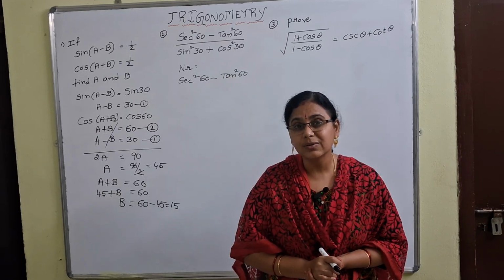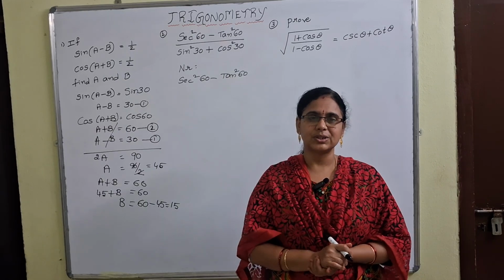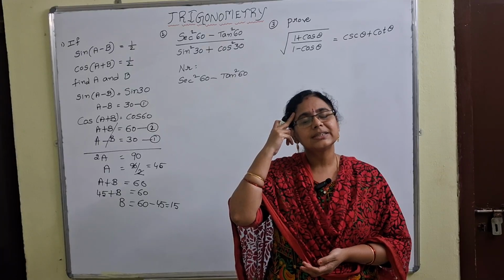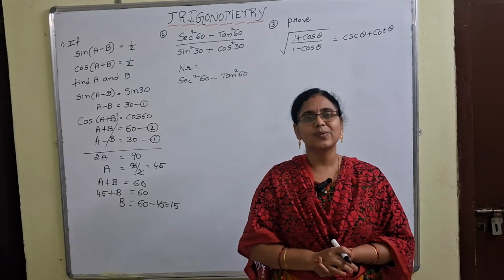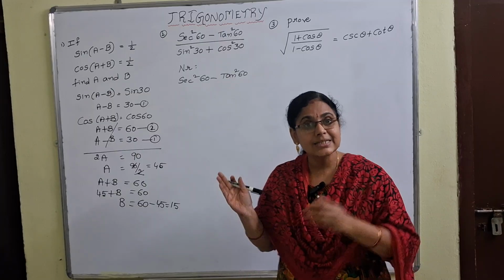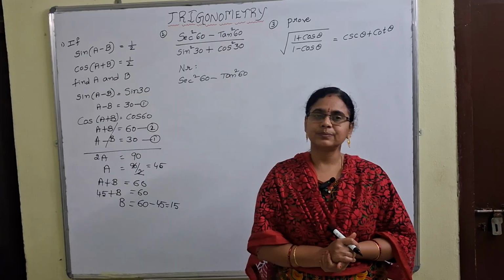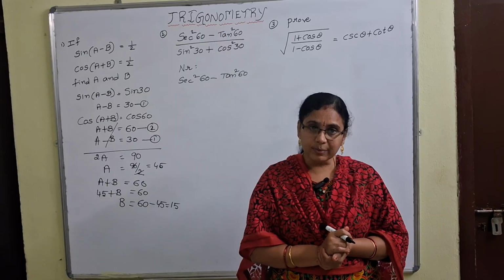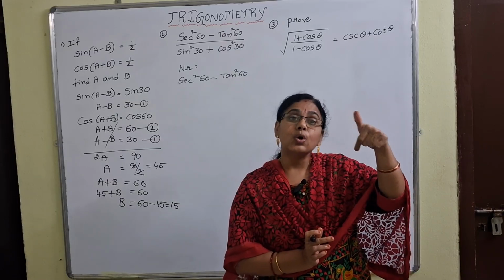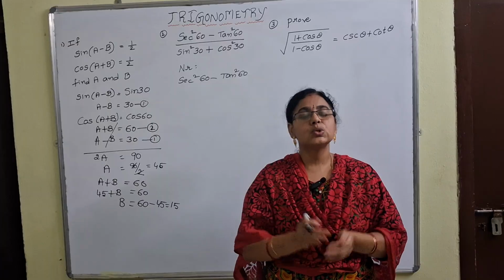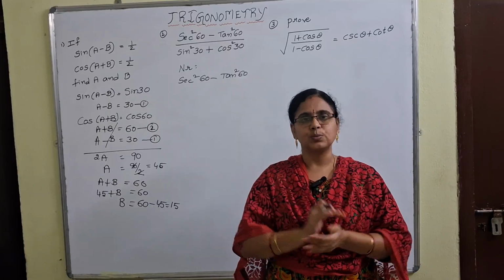So first what do you require? Cos 60, how much? Cos 60 is 1 by 2. Secant 60, reciprocal of cos 60, reciprocal of 1 by 2, that is 2 by 1. So secant 60 is 2.